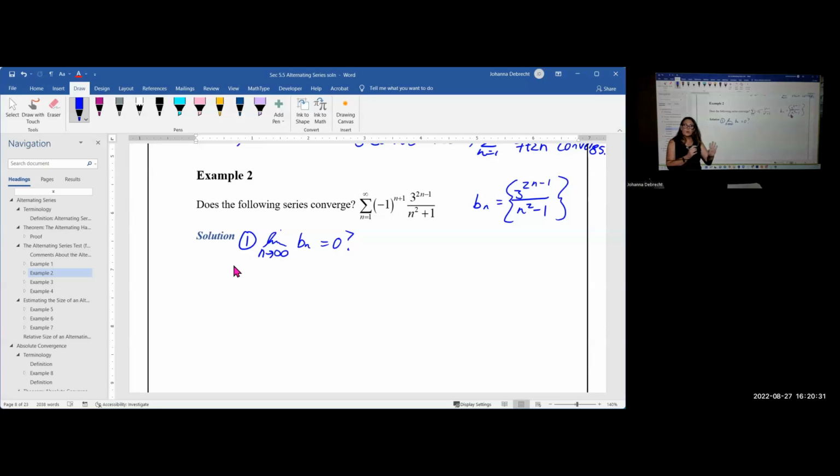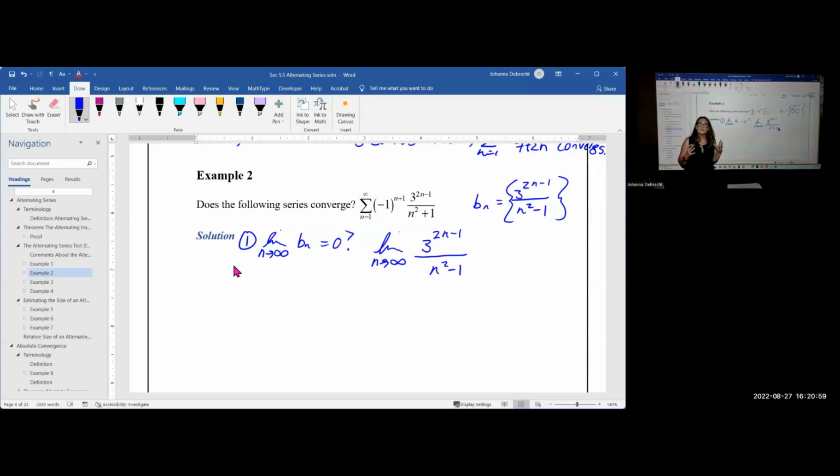Remember that we want to take the tail where it's alternating, and we want to strip off the alternating behavior so that the part of the sequence is just strictly non-negative. Okay, so when I'm looking at that, I need to take the limit as n goes to infinity of this exponential function in the numerator divided by n squared minus 1.